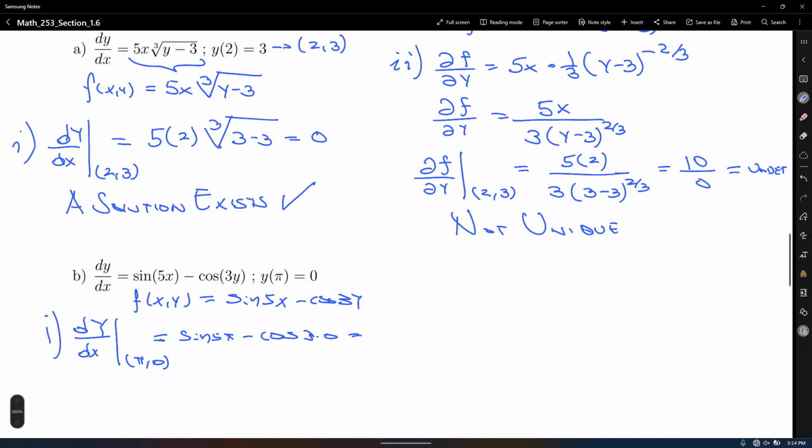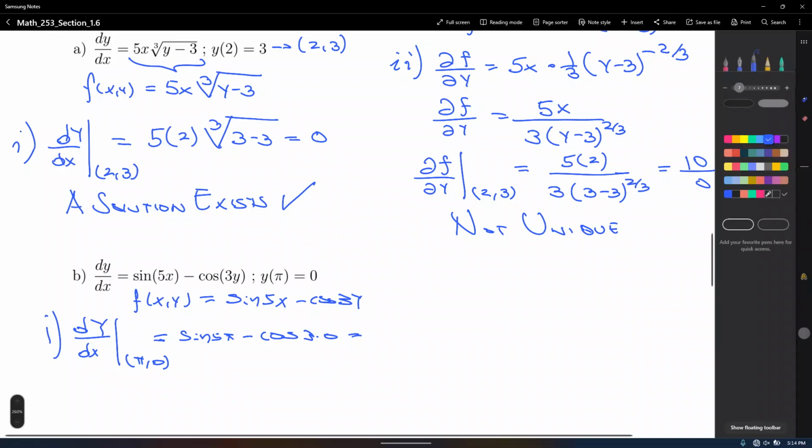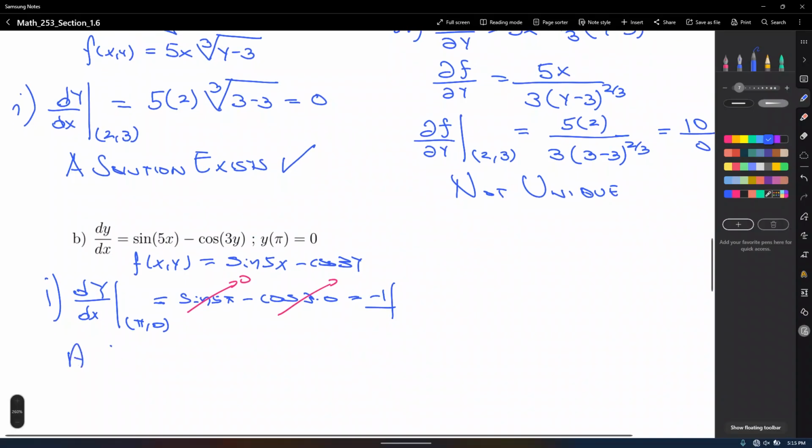Sine of 5 pi is coterminal to pi, so that's going to be 0. And cosine of 0 is 1, so that's a negative 1. Well, it's defined. This means a solution exists.